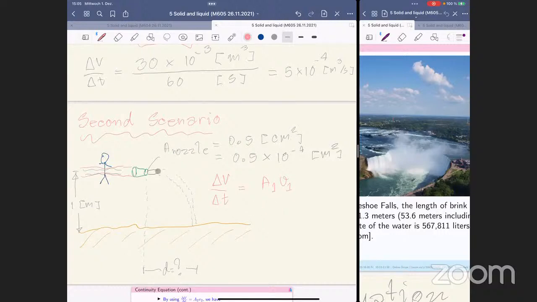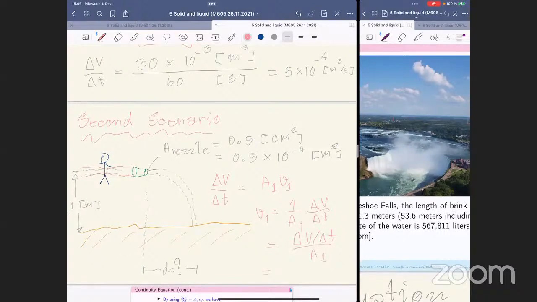But we don't know V1, the speed of the water out of the nozzle, not out of the hose, okay? From the nozzle. So we want to know V1 because we know the water flow rate, which is 5 times 10 raised to negative 4 cubic meter per second here. We have to solve this equation for V1. V1 will be, again, 1 by A1 and delta V by delta T. And of course, you would have delta V by delta T divided by A1, right?